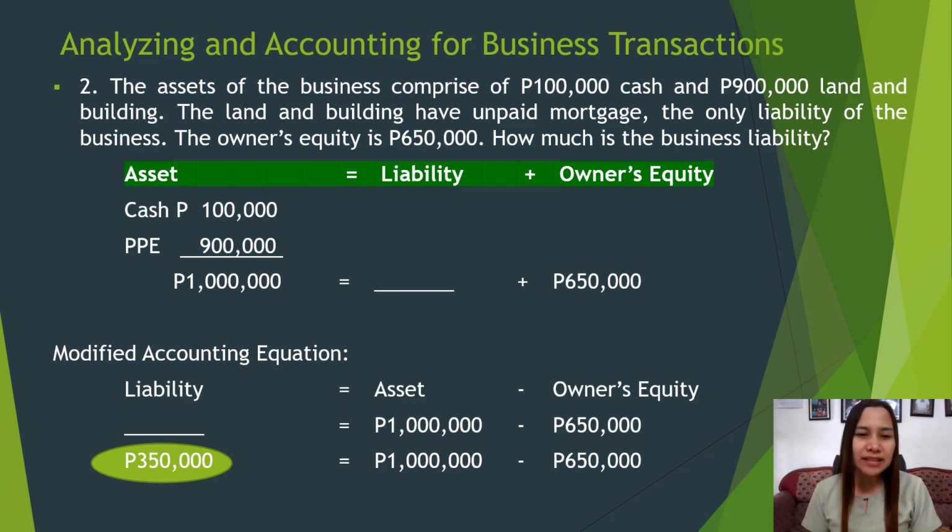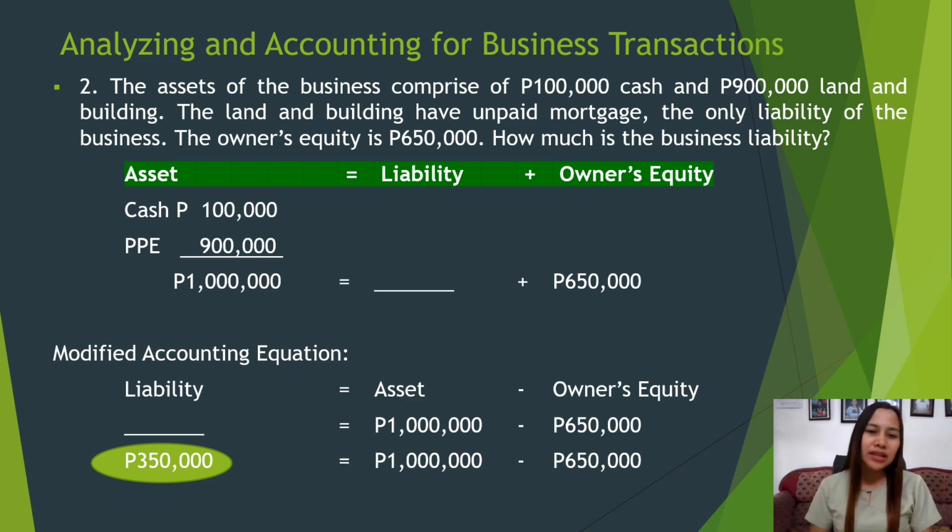So it is stated in the data that the land and building have unpaid mortgage, the only liability of the business. So how will we get the liability? We have to squeeze. So maintaining the balancing figure, assets equal to liabilities plus owner's equity, or then the modified accounting equation, liability is equal to asset less owner's equity.